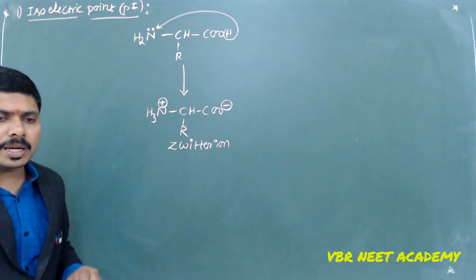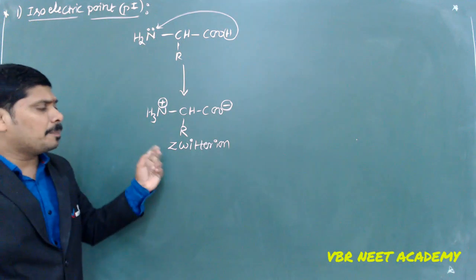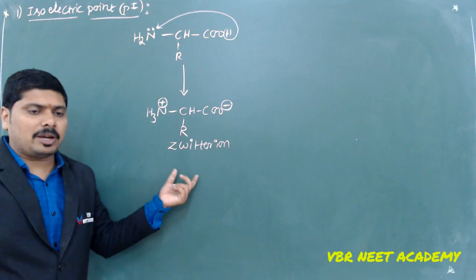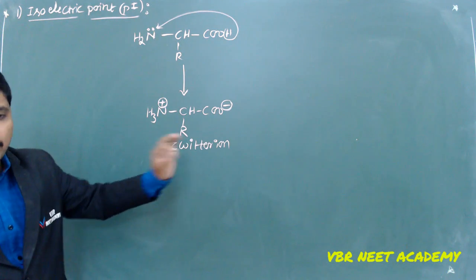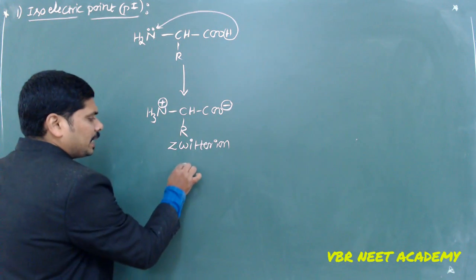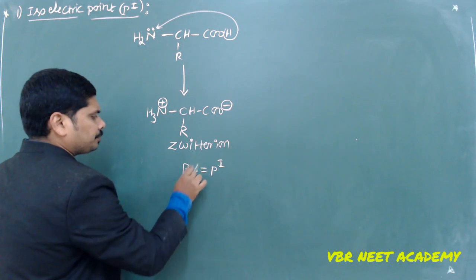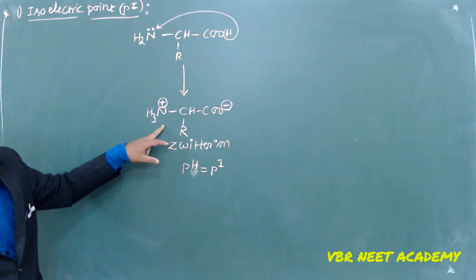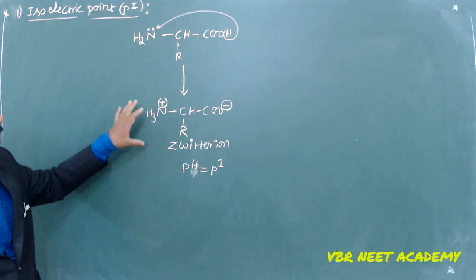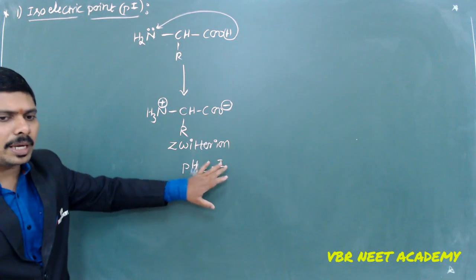So now the definition: the pH at which the amino acid exists in a Zwitter ionic form is called the isoelectric point.